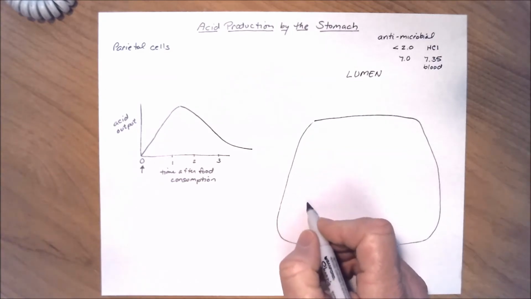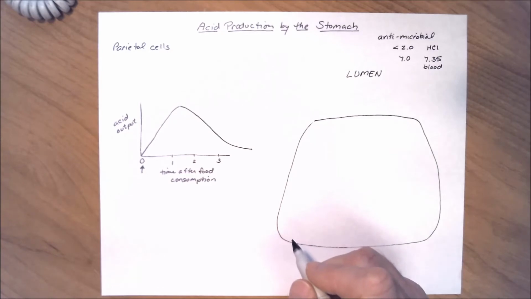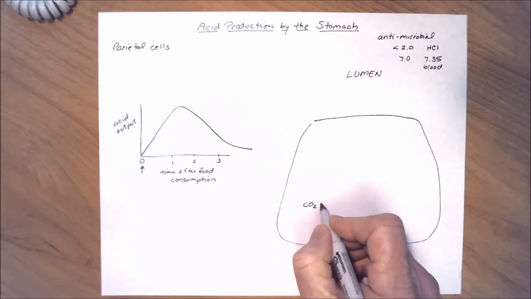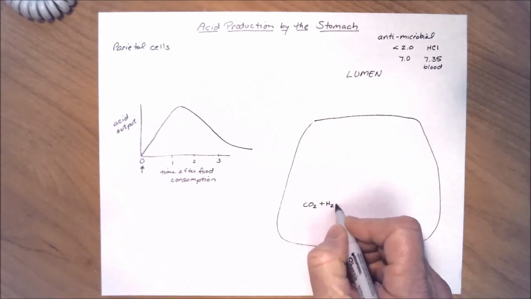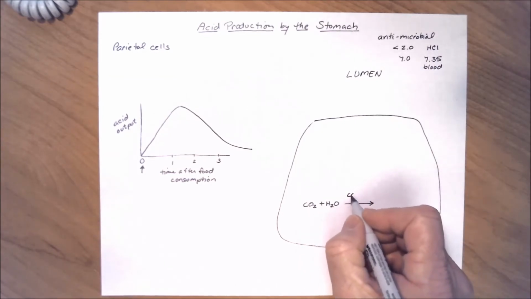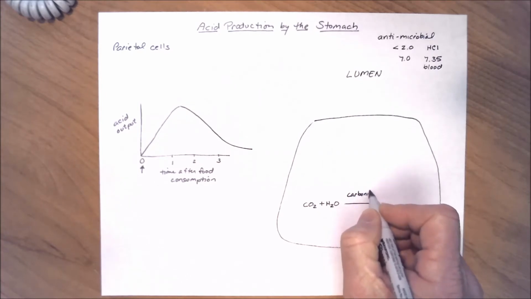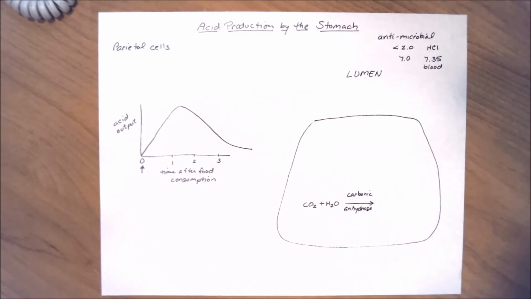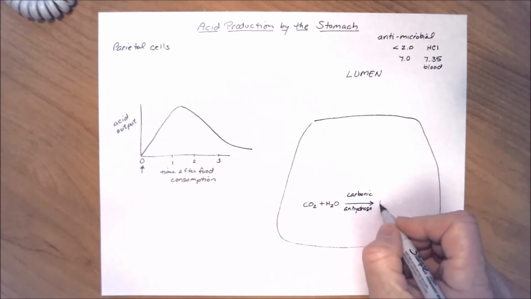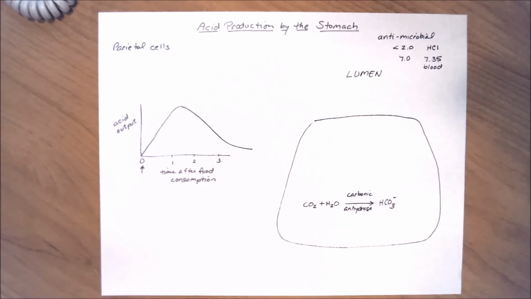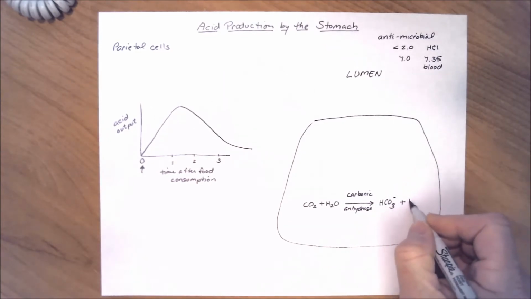Well, remember from the information we discussed in salivary gland, we talked about the combination of carbon dioxide plus water using the enzyme carbonic anhydrase. This enzyme is going to produce bicarbonate ion plus a proton.